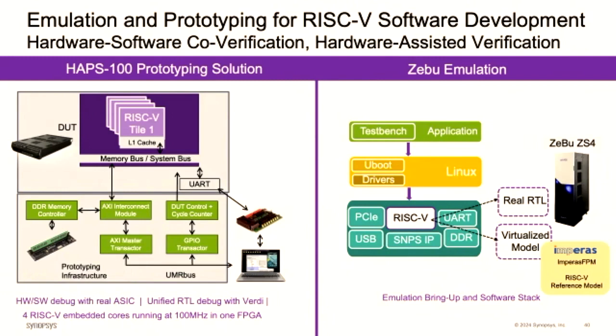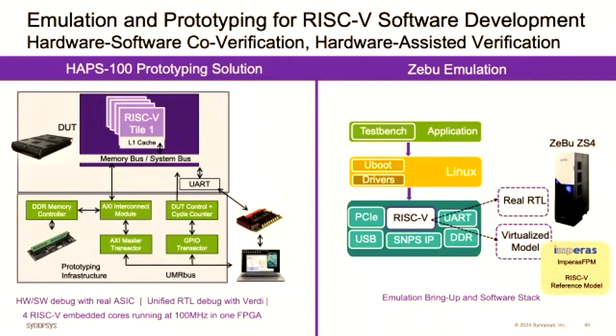The HAPS prototyping solution is an FPGA-based prototyping solution, and ZeBu for emulation is a hardware emulator. These can be used for hardware-software co-verification, but also for hardware-assisted verification.